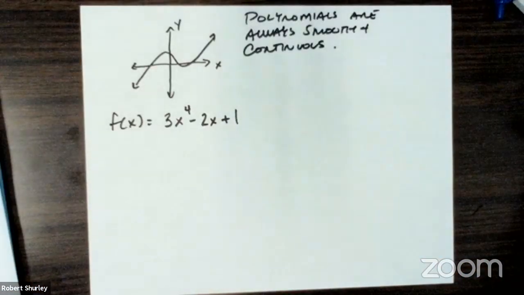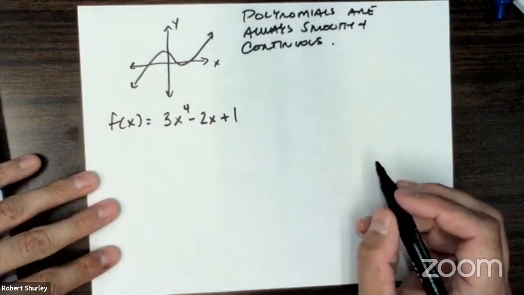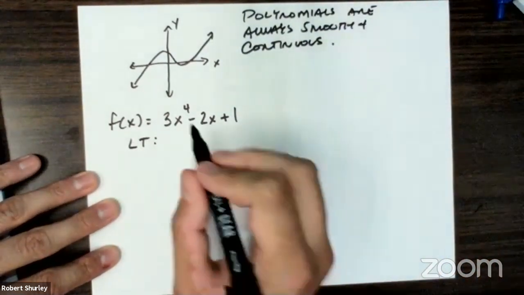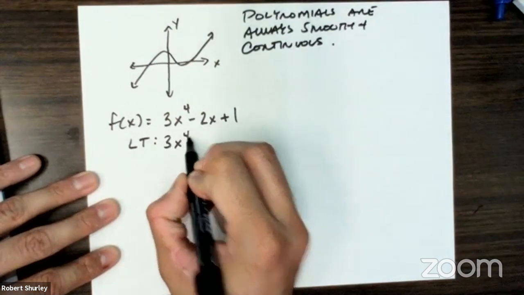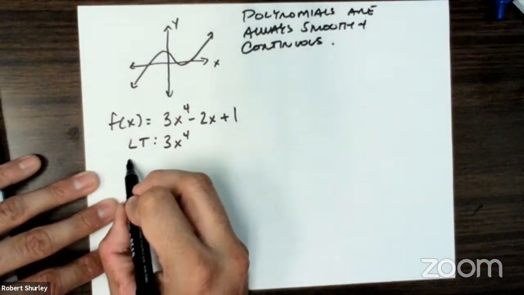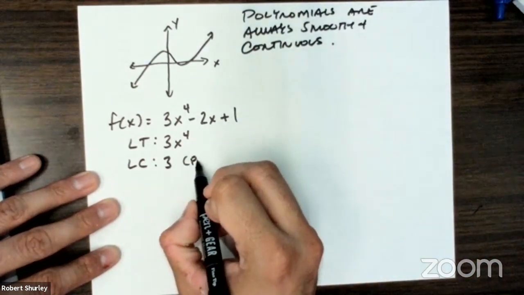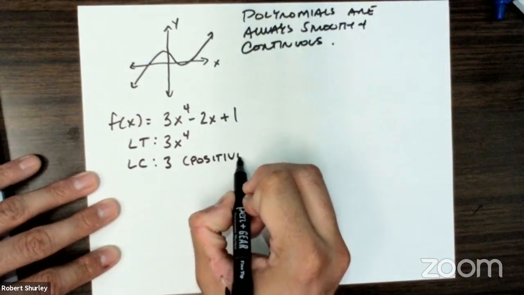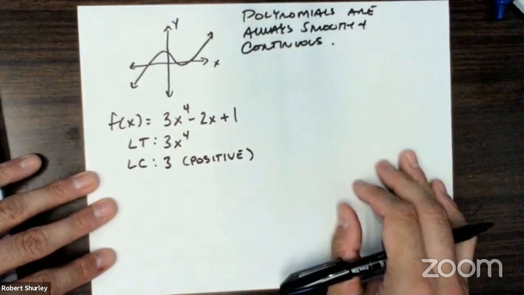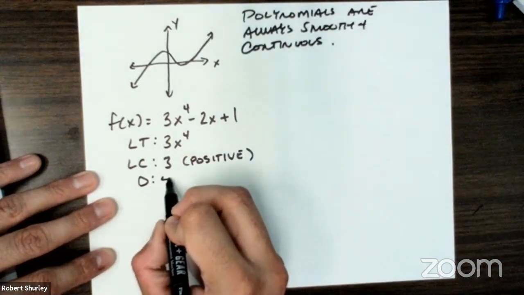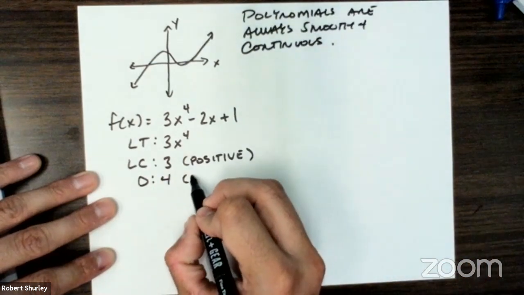So the leading term, I'm going to call it LT because I'm sick of writing it out, is 3x to the 4th. But what matters is the leading coefficient is 3. And for us, what matters is that it's positive. We've got a positive leading coefficient. And our degree is 4. Now what matters for us is that it's even.